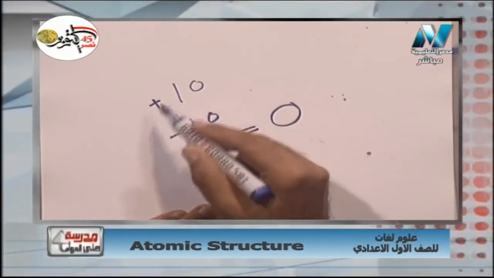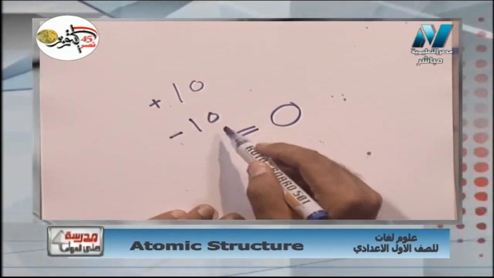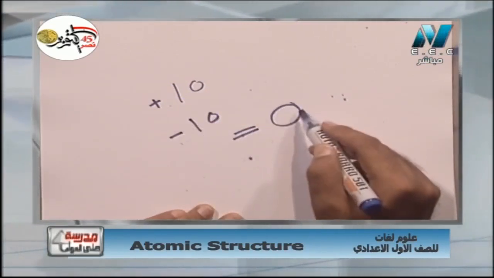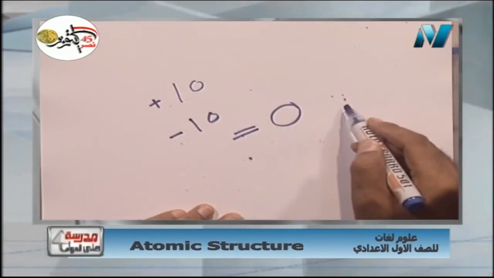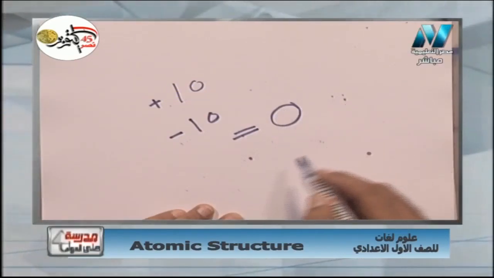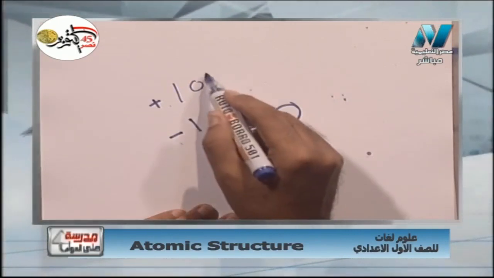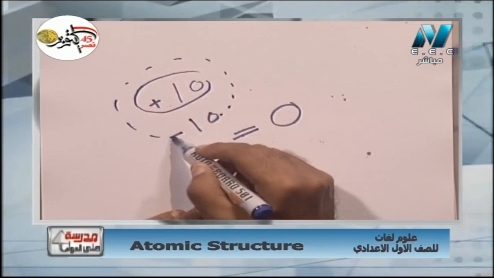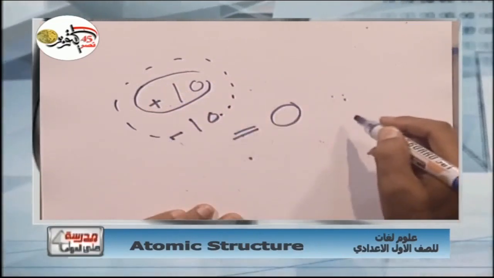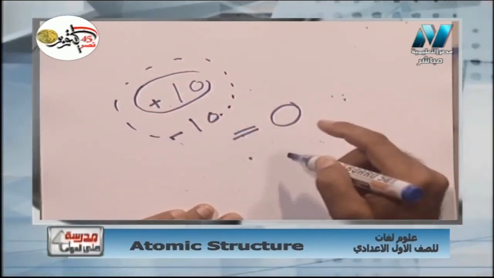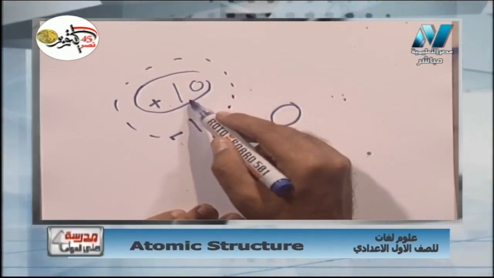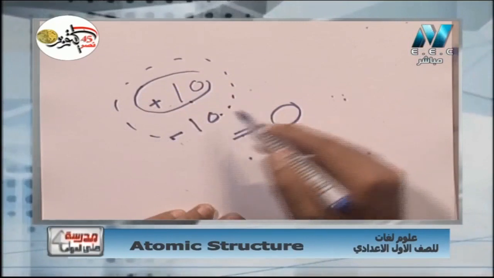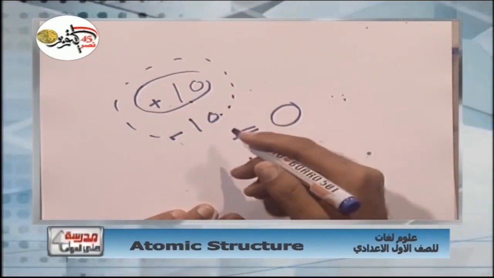Negative cancels positive, or positive cancels negative, so the whole charge equals 0. It's not charged at all. So if an atom contains 10 protons and 10 electrons, it is not charged. As an atom, not the nucleus. The nucleus has positive charge, but the atom is neutral.